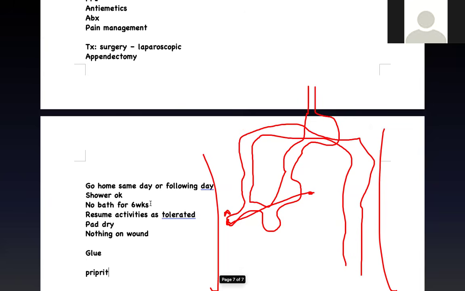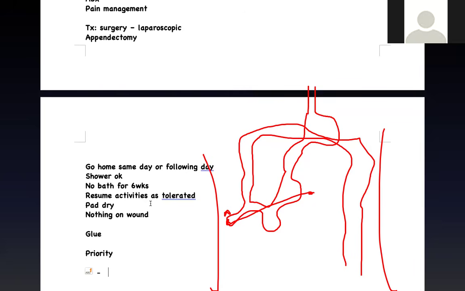What is your priority? If the patient has frank peritonitis, so you have to know what peritonitis is. They have guarding, rebounding, or diffuse abdominal pain.